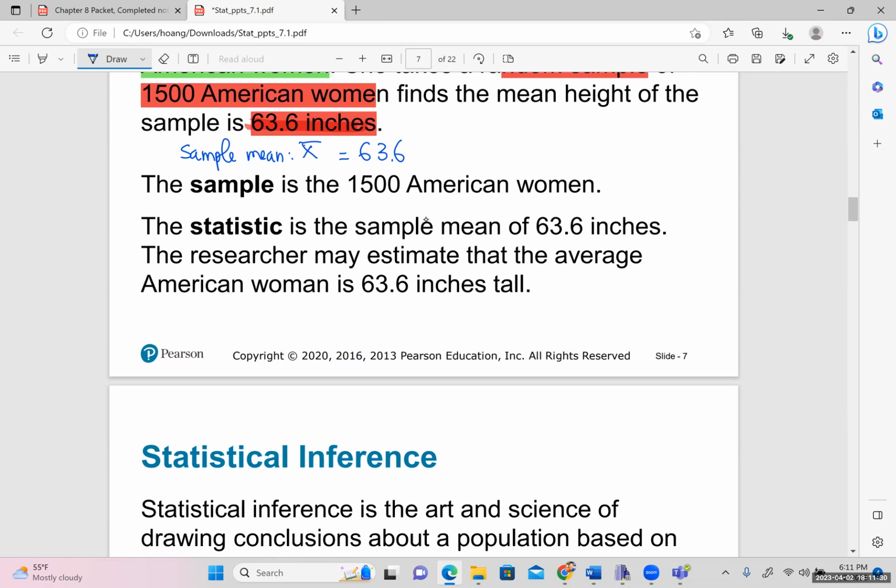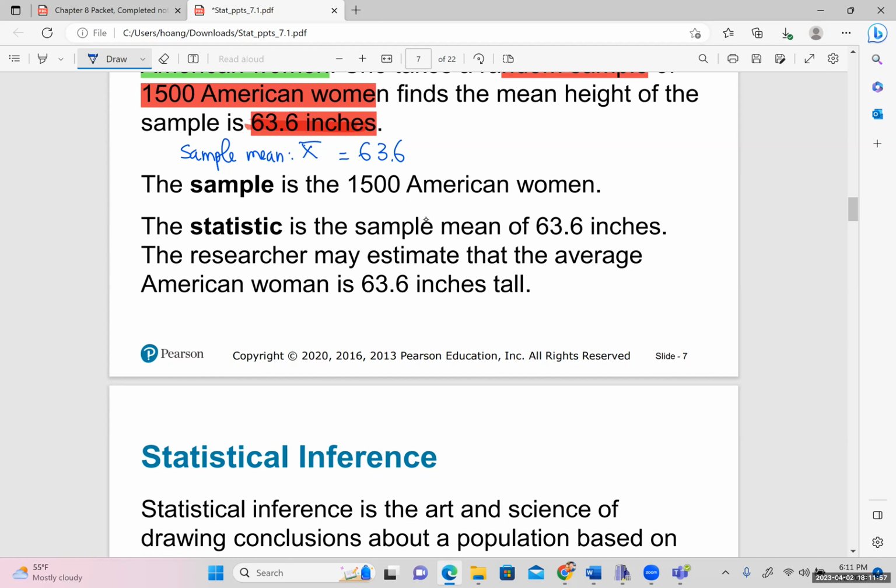The sample is the 1,500 American women. The statistic is the sample mean of 63.6 inches, like I stated above. So the researcher may estimate that the average American woman could be around 63.6 inches tall.